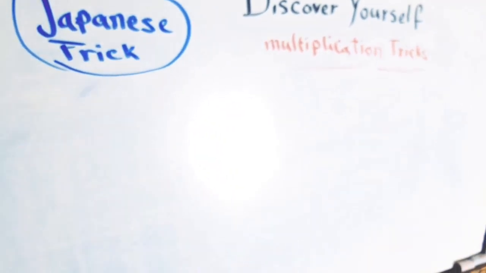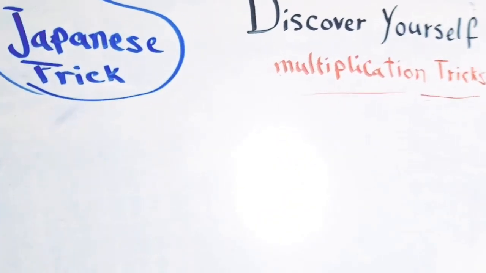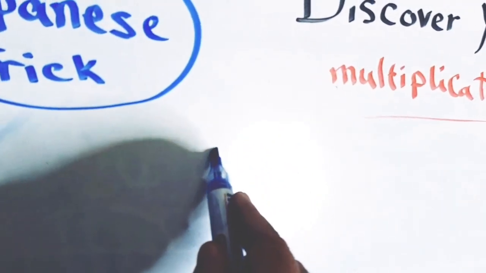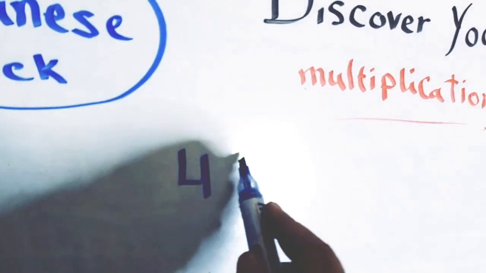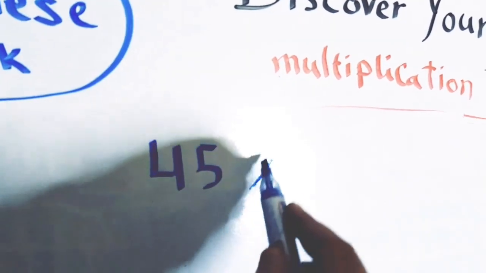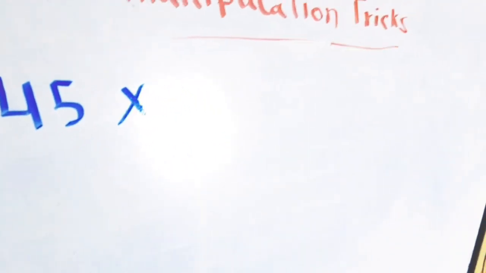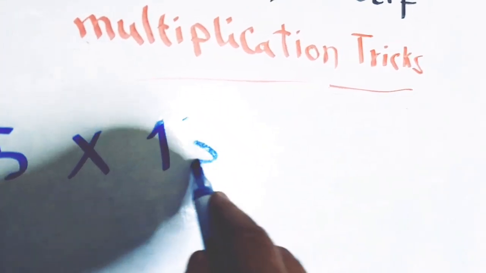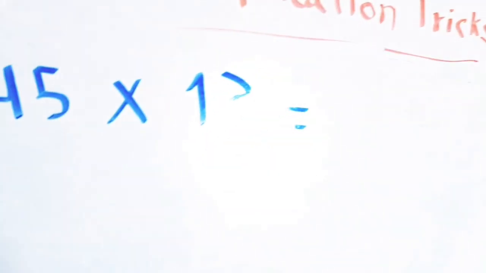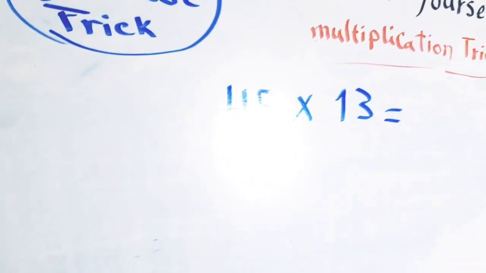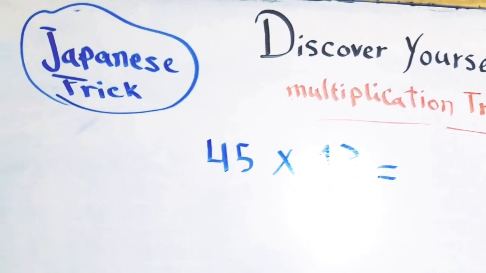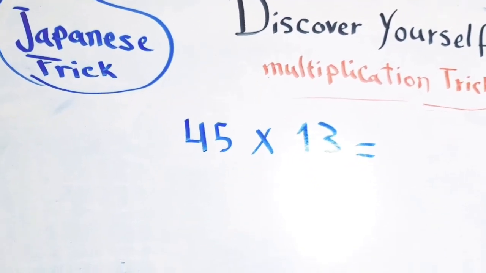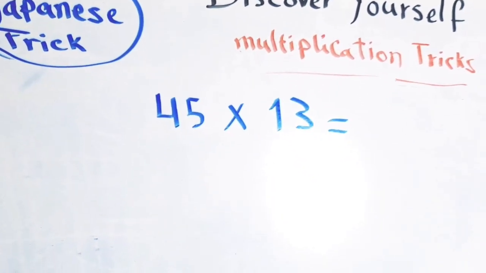Okay, let's take another example. 45 times 13 equals what? We want to use the Japanese method or the Japanese trick for reaching the multiplication product.